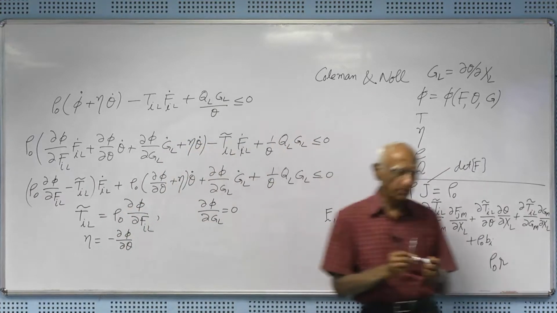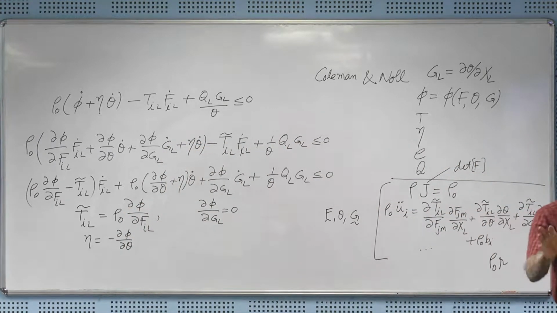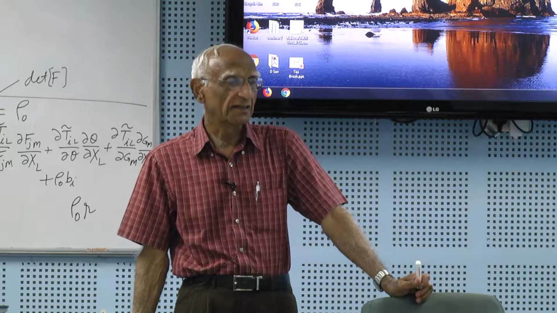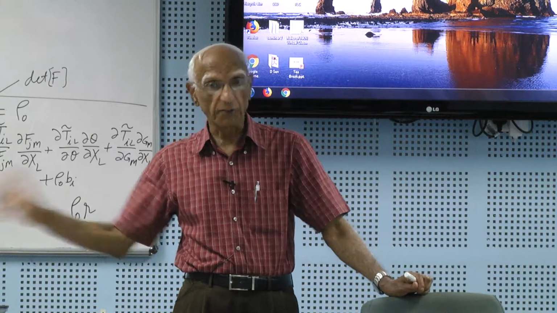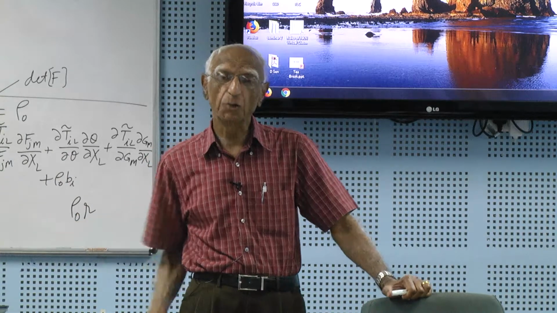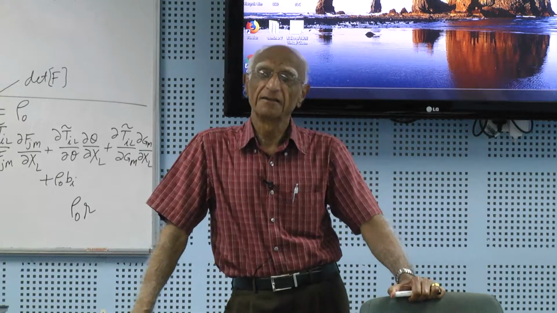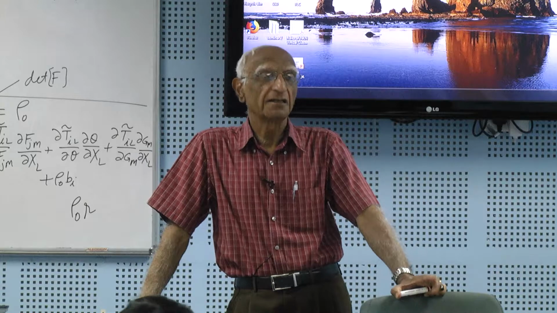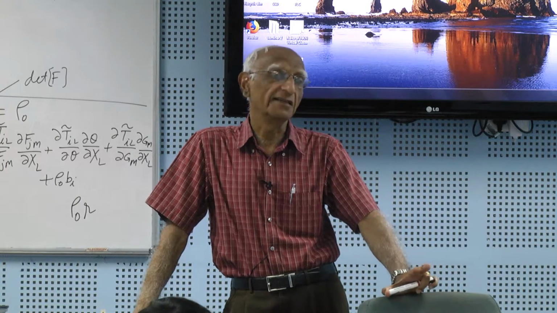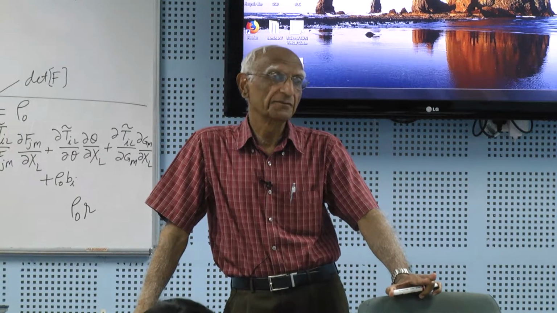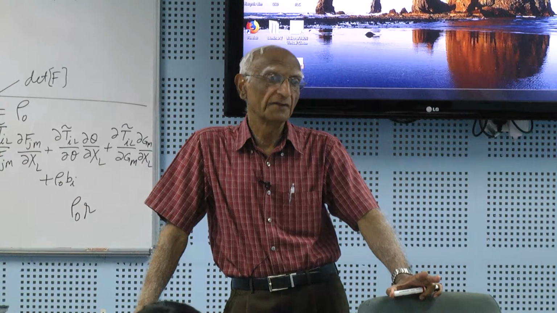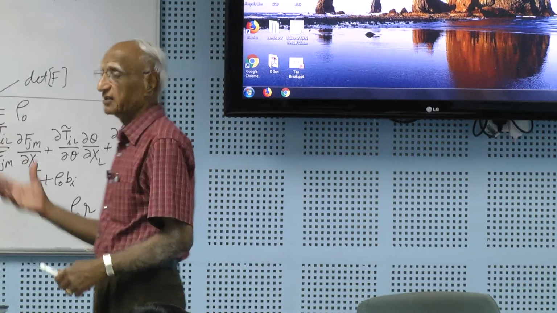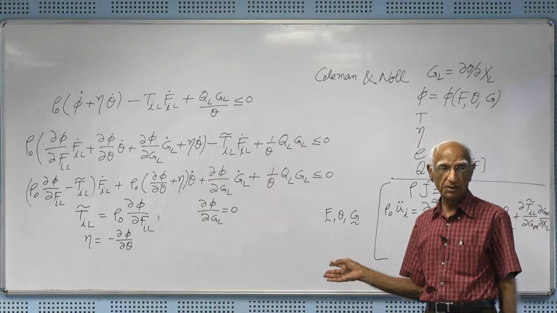See, in the morning we were saying some authors or some people assume free energy does not depend upon temperature gradient. But now we are proving it, that the entropy inequality requires that the Helmholtz free energy must not depend upon temperature gradient. The argument, as I said before, is Ax plus B must be less than or equal to 0.